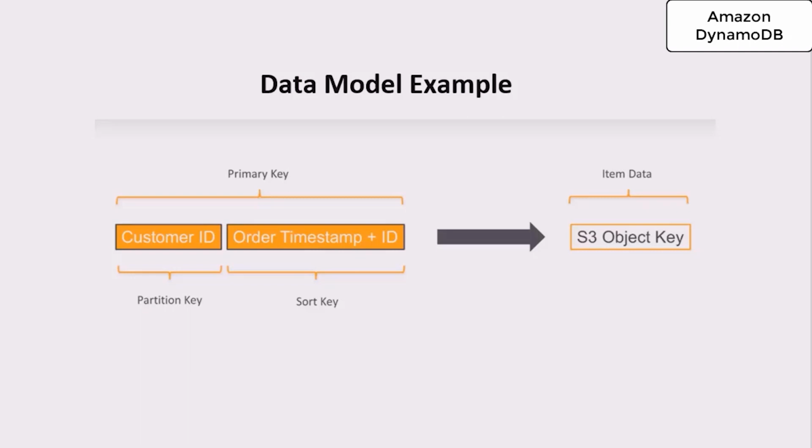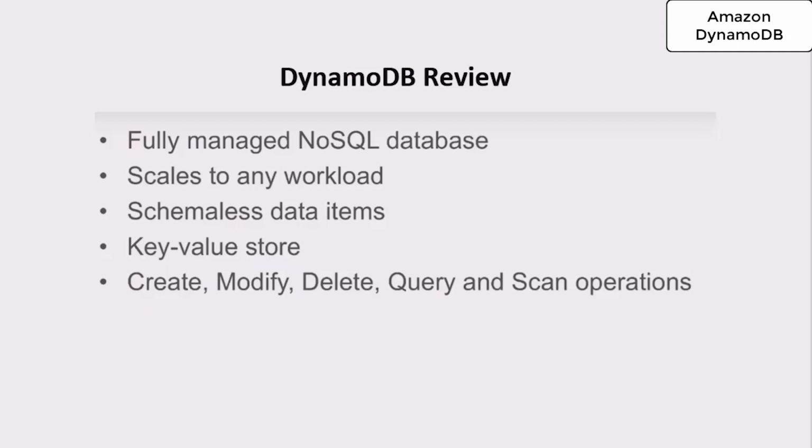But the partition key will be the customer ID. So that will be unique. That will help in giving the partition key. This is how we can differentiate what is the partition key and the sort key, and together they combine to give the primary key.